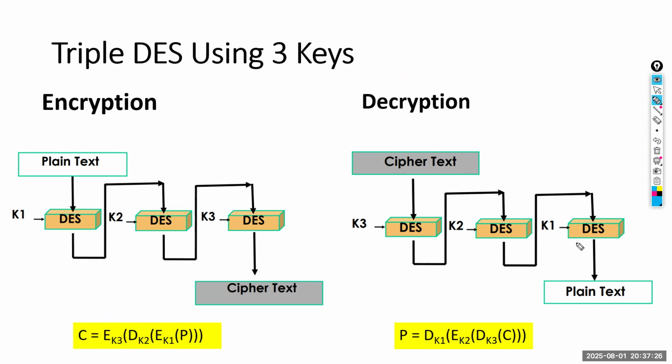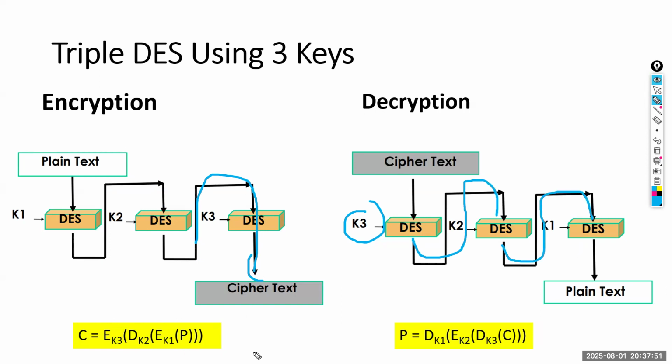And of course, this is the reverse process. So there we use first K3 because you want to do the reverse process. First K3 to do the decryption, right? Then you use K2 to do the encryption, and then you use K1 to do the decryption.